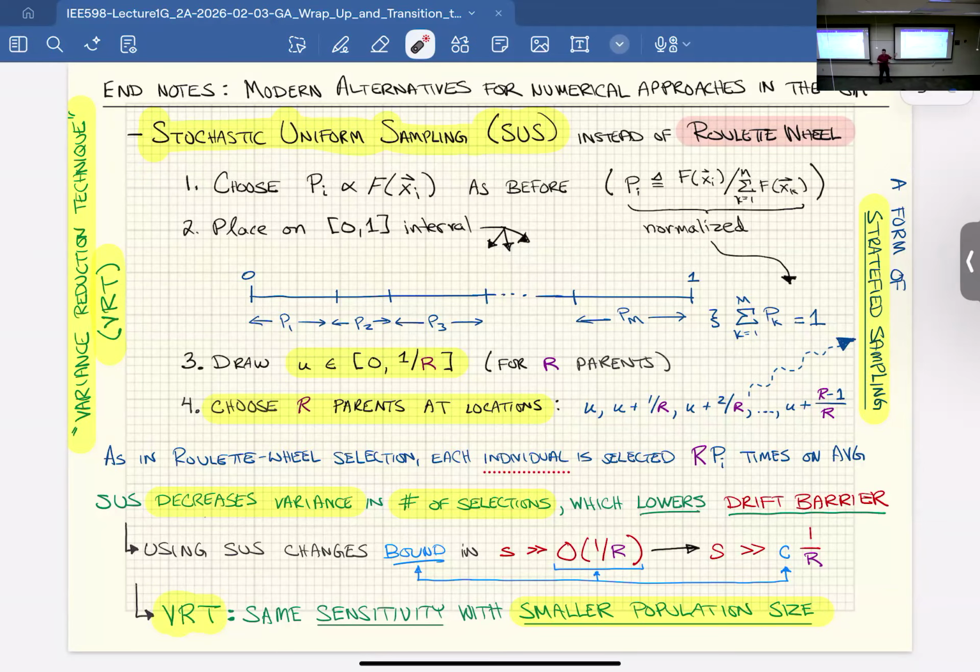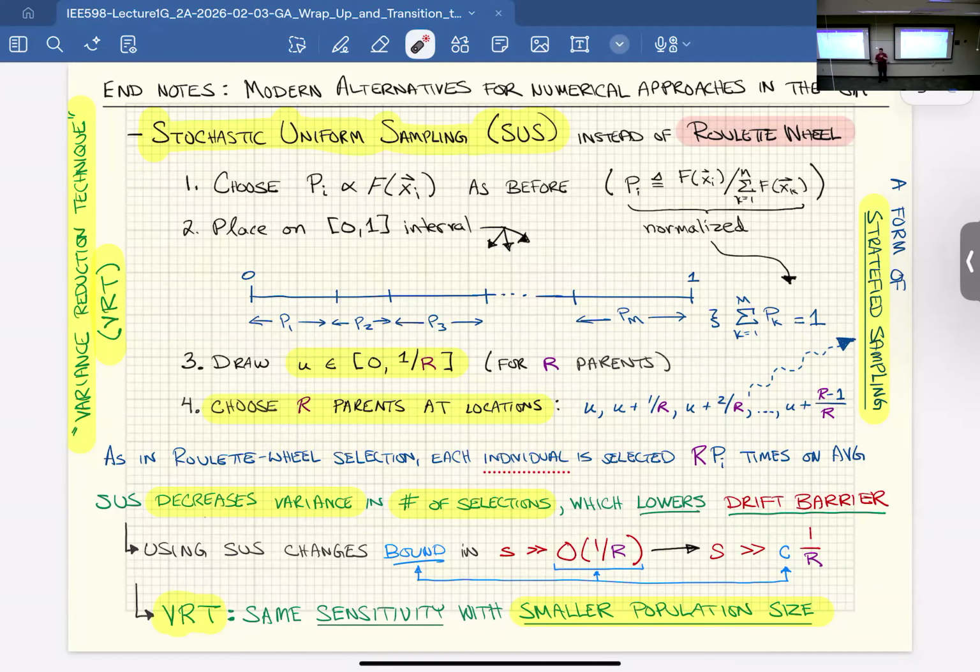But if you were to do that over and over again, then for one selection of those 10 parents, you're going to reduce the variance at the individual level, the variance around that average.